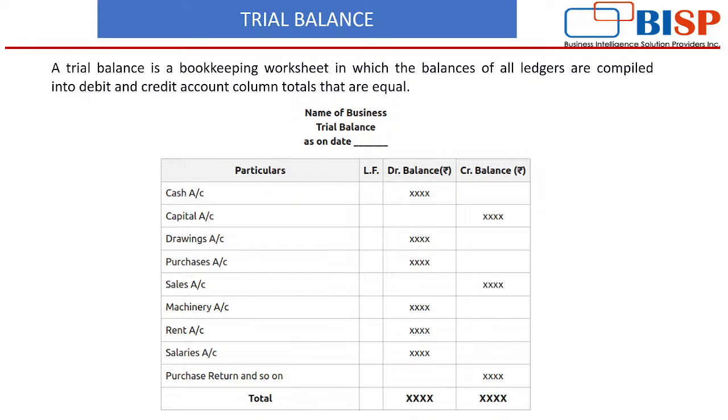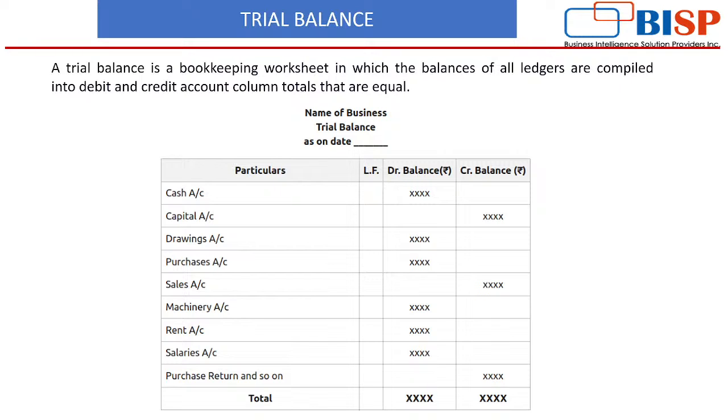Furthermore, some accounts may have been used to record multiple business transactions. As a result, the ending balance of each ledger account, as shown in the trial balance worksheet, is the sum of all debits and credits that have been entered to that account based on all related business transactions.